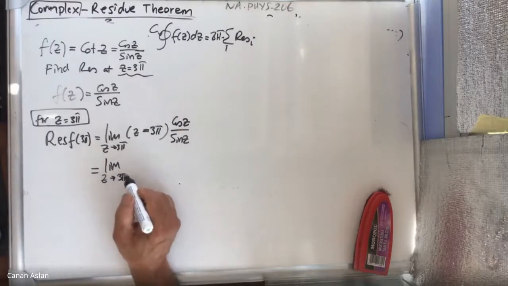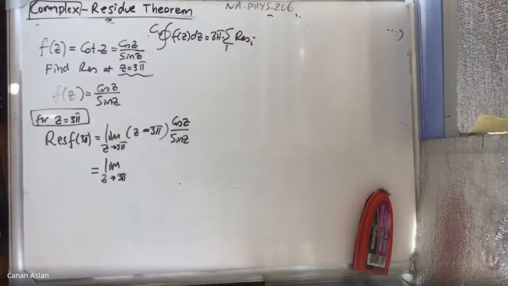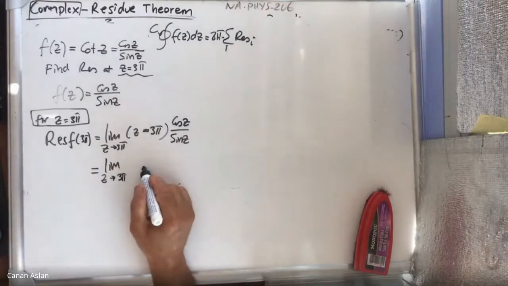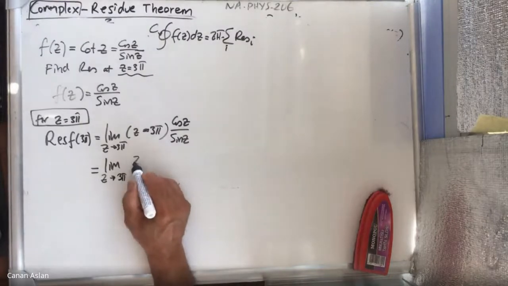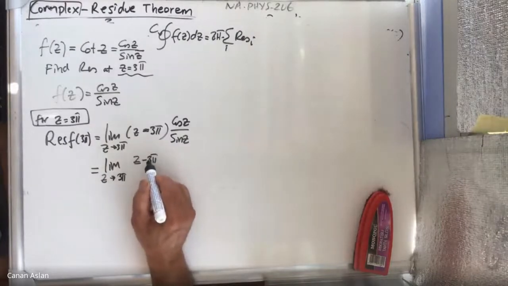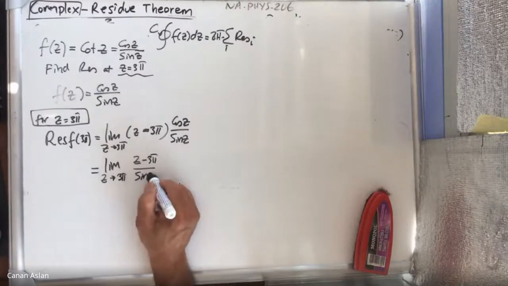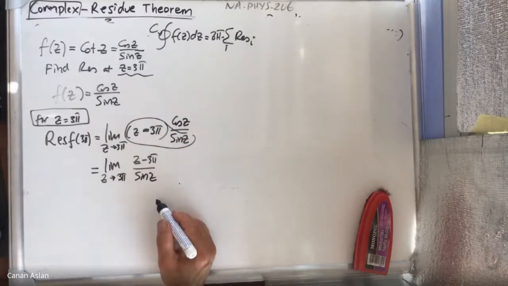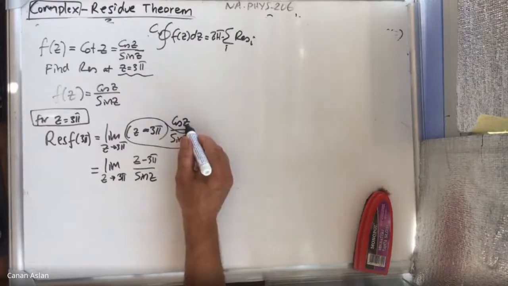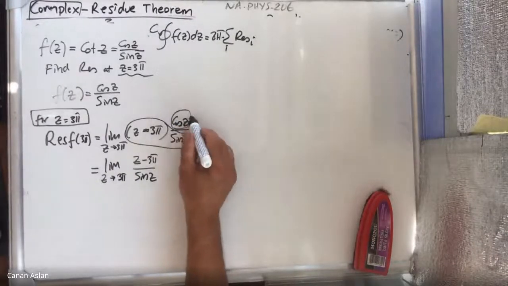As z goes to 3 pi, we can consider this as z minus 3 pi over sine z. We consider only this part, and then we consider the other part, so cosine z remains.